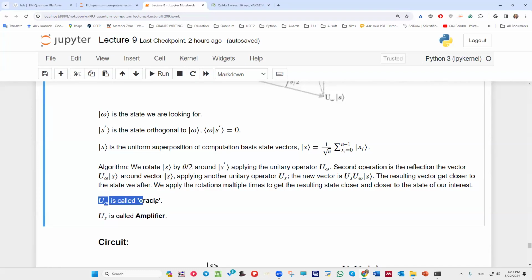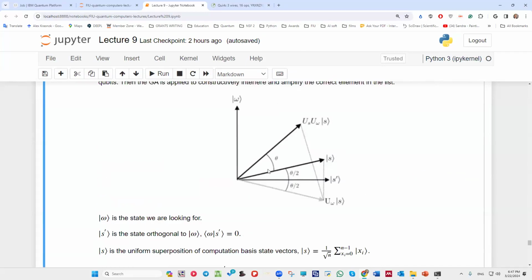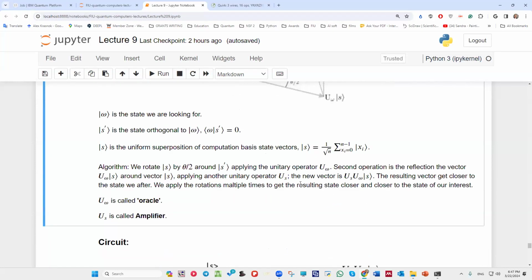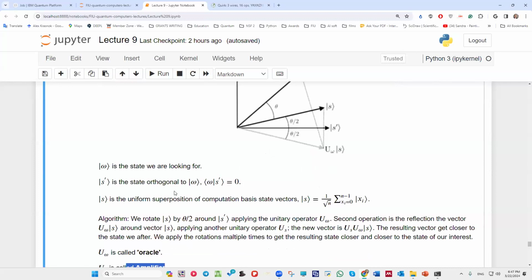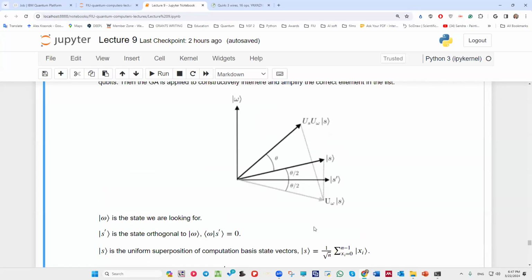U omega is called the oracle, because we designed this operator depending on the state we are after. So we designed this operator somehow. The operator US is called the amplifier, for a reason that's going to be clear in what follows.